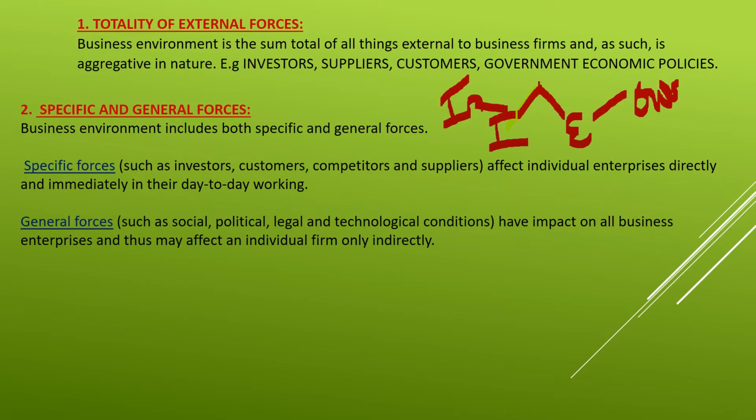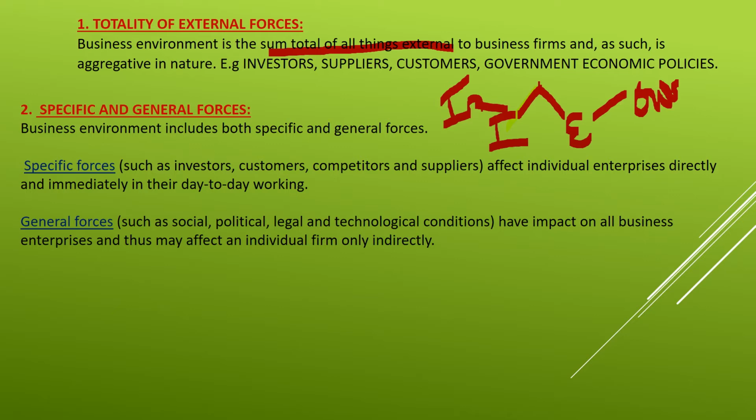So what are they saying? Business environment is the sum total of external as well as internal, and especially the external environment is something that affects the business: investors, suppliers, government economic policies, changes in government policies, the customers' likes and dislikes, their tastes, their habits.